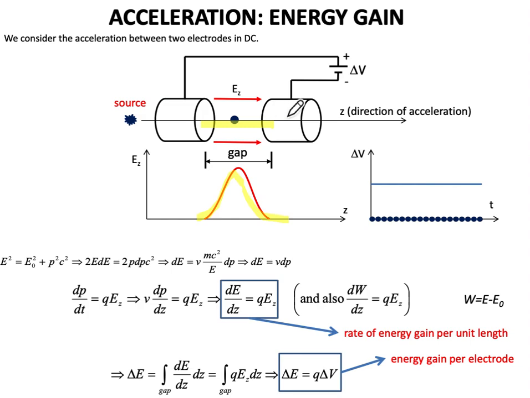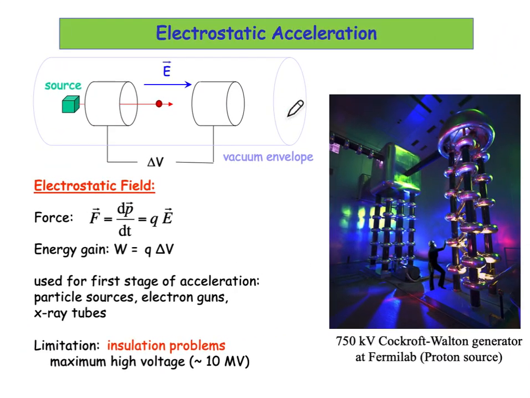We have already seen this kind of principle, and this is simply the electrostatic acceleration principle, which has been used to accelerate protons and electrons in the case of a Van de Graaff generator. So just see how we applied this principle. Here is the source, and this is the potential difference between the two electrodes.